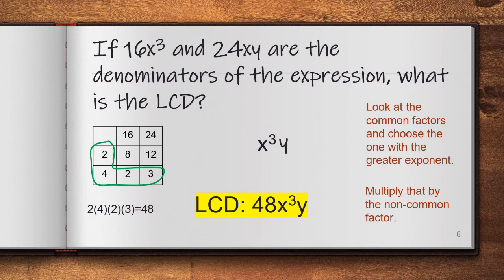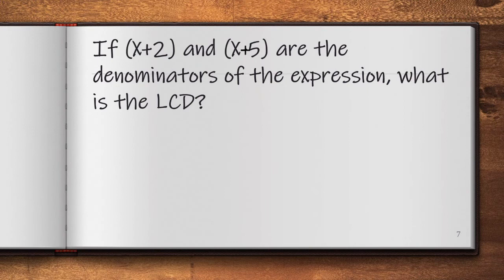Now, let's see the next example. If x plus 2 and x plus 5 are the denominators of the expression, what is the LCD? There are no common factors except 1, so we will just multiply x plus 2 by x plus 5. So, our LCD is the product of the binomial x plus 2 and the binomial x plus 5.